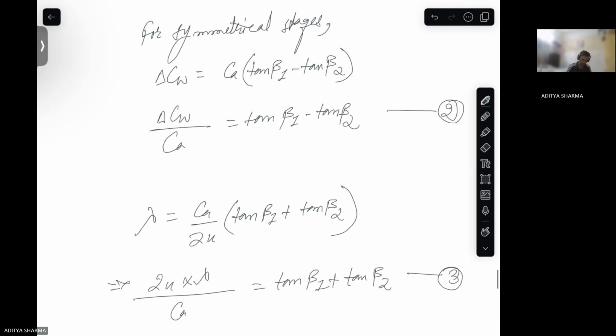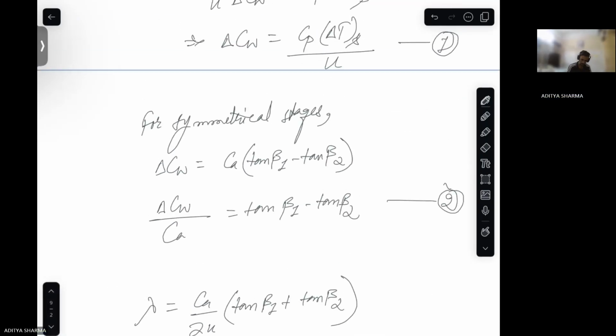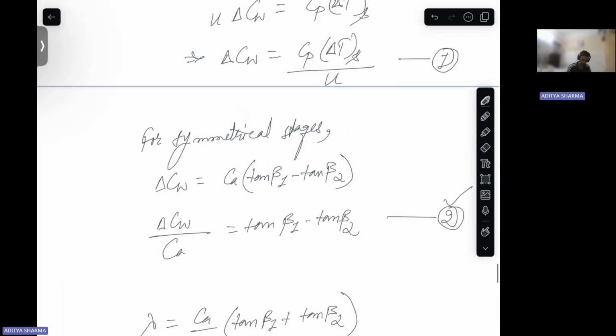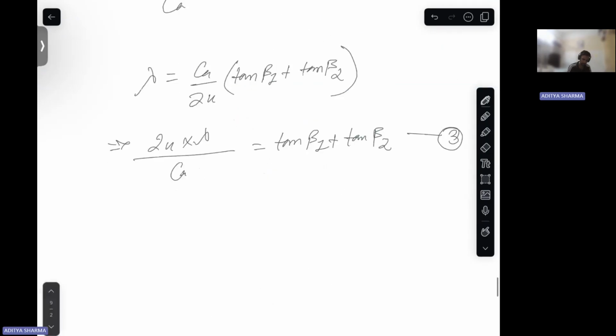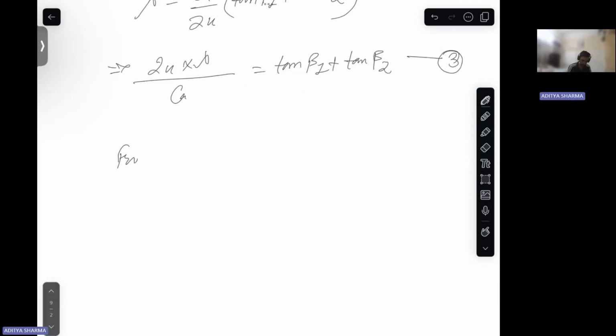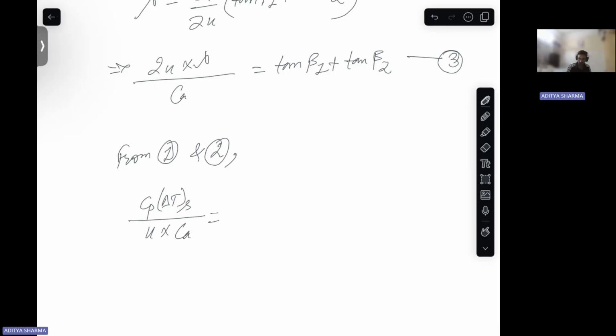So we will now consider equation number 2 and place delta CW in 2. From 1 and 2, we can say that Cp delta Ts divided by U into Ca is equal to tan beta 1 minus tan beta 2.